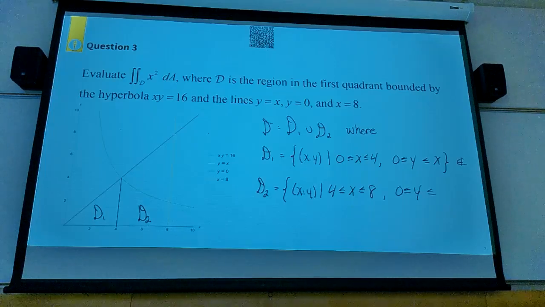Y goes from 0 to what? So what's the upper bound on Y? What is it? 16. Right, so we need Y as a function of X. Over X.